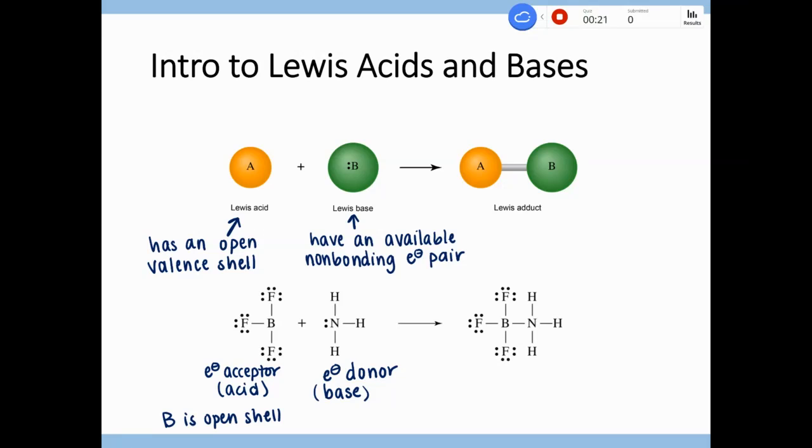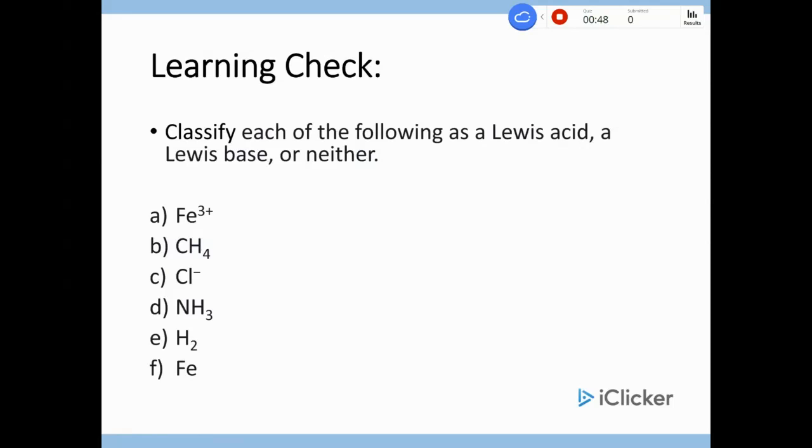And then a base is something that has non-bonding electrons that it can share. And if you finish this early before I close it, go to the next slide after. That's another learning check.